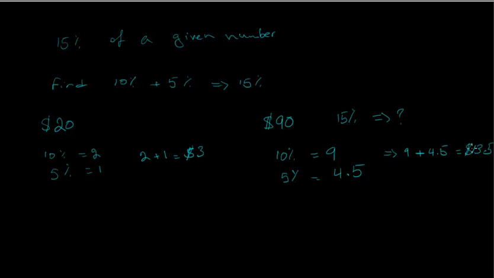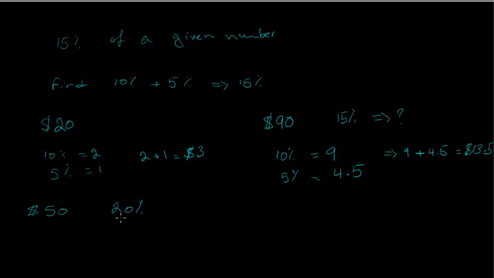Let's say we are interested to find 20% of a number. Let's say we find another jacket which is marked $50, and 20% of that $50 is off. How much of this jacket is off, and how much are we going to pay finally?